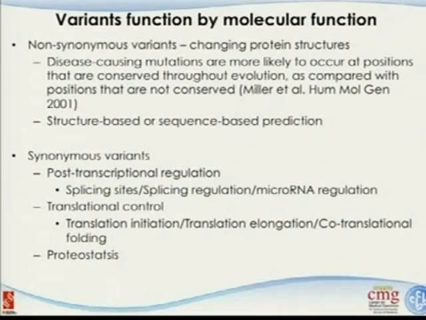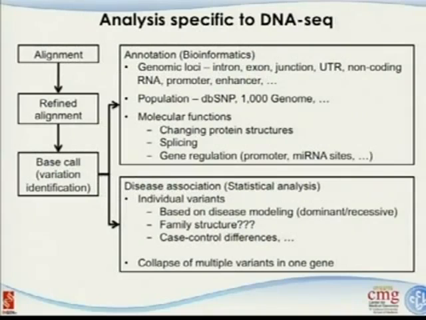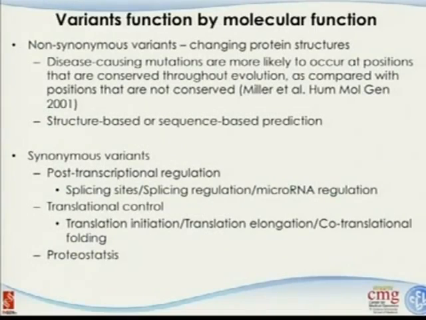And for the variant prediction function based on the molecular functions, the annotation of molecular function, we spent some time talking about the non-synonymous variants. Those are what most people are really focusing on, and they basically use evolution conservation, right? Comparing different species and how conserved regions are. More conserved, more likely it's biologically important. So people do the structure-based or sequence-based prediction, but all based on the conservation.